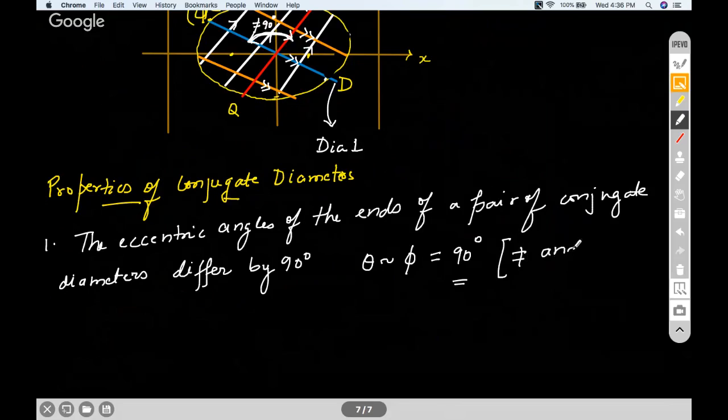This doesn't mean the angle between the conjugate diameters is 90 degrees. Right? So can anybody prove this?